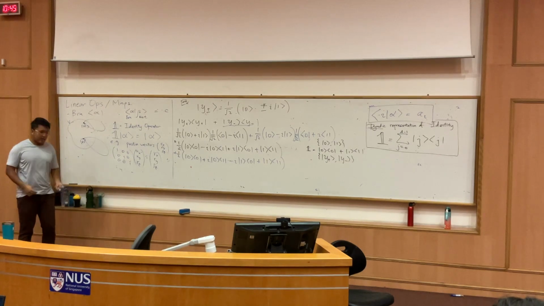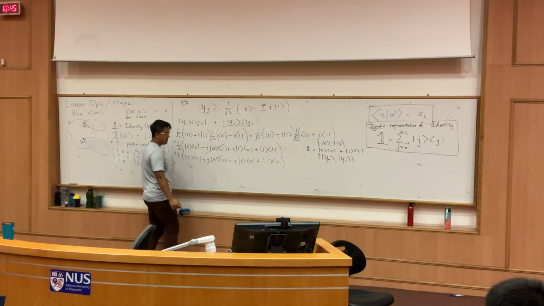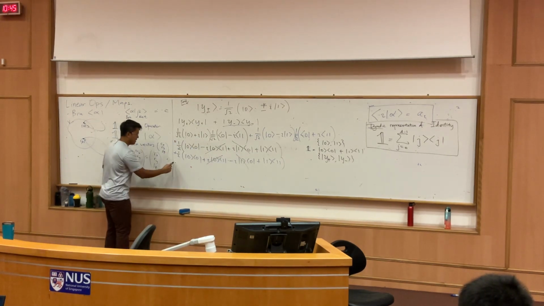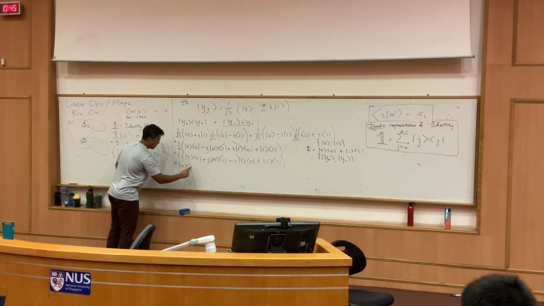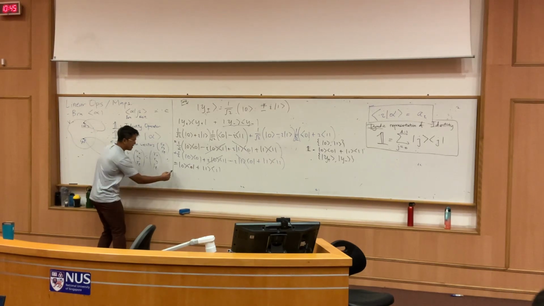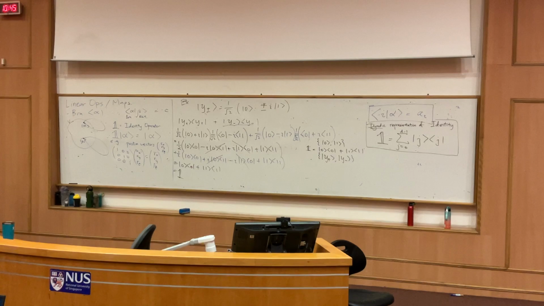And then we notice many cancellations. Cancel, cancel, cancel, cancel. Then we get |0><0| plus |1><1|, which I said was the identity. Okay, good. And so again, we see that the identity can be expressed as outer products of an orthonormal basis.